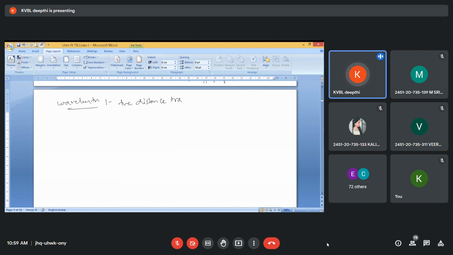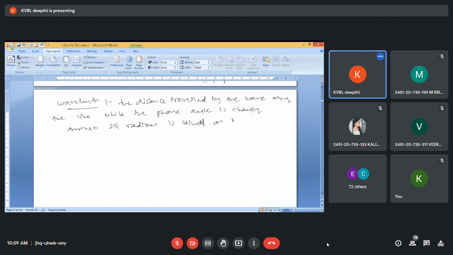The distance traveled by the wave along the line while the phase angle is changing through 2 pi radians is called as wavelength.